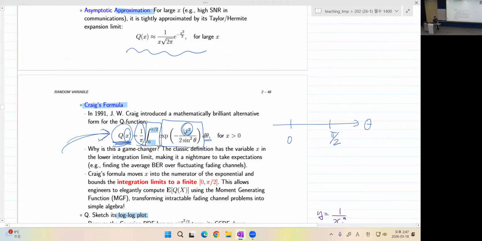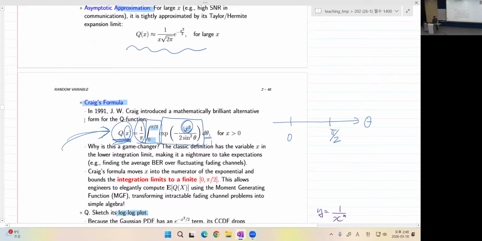Using this representation, same thing written in a different form, actually this simple formula produced many, many, many PhDs in the communications area. Some people exploit this function to find communication systems' performance curves in different ways.